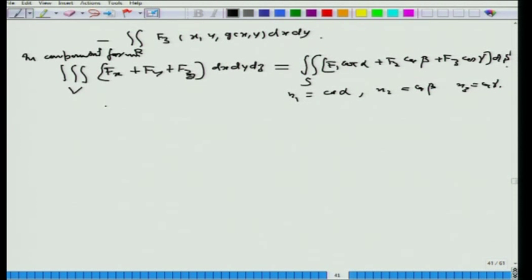N has components n 1 i plus n 2 j plus n 3 k.